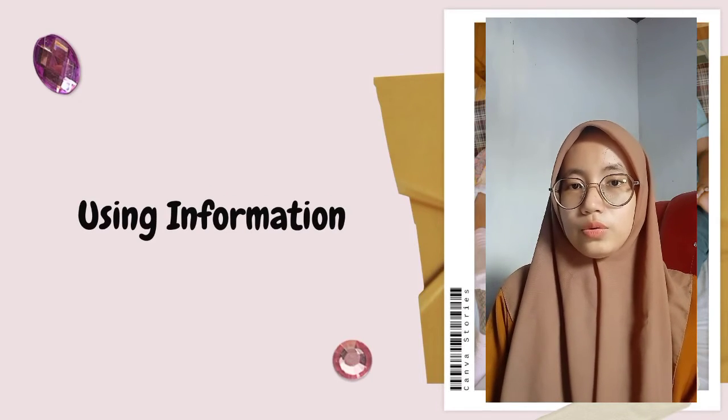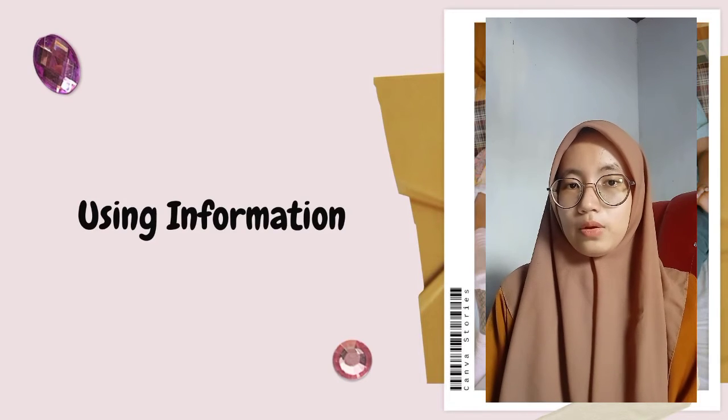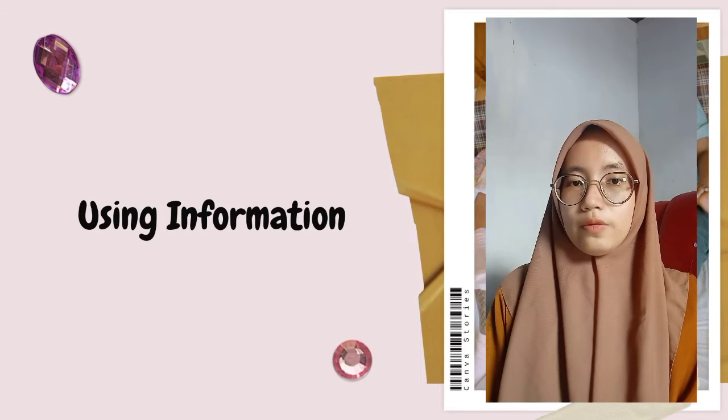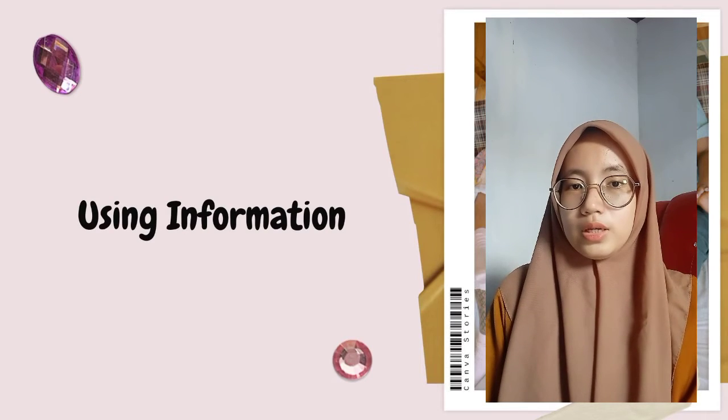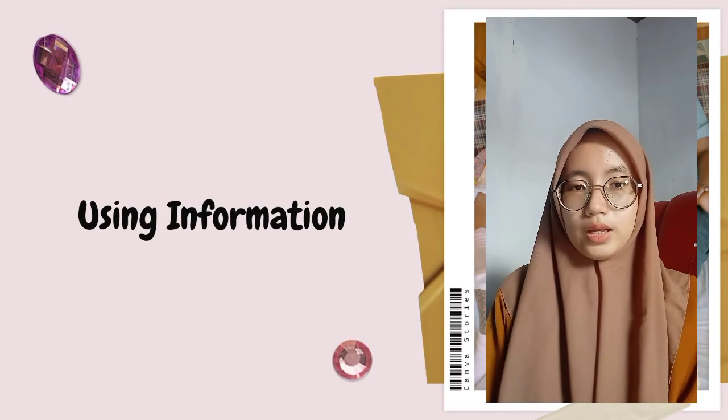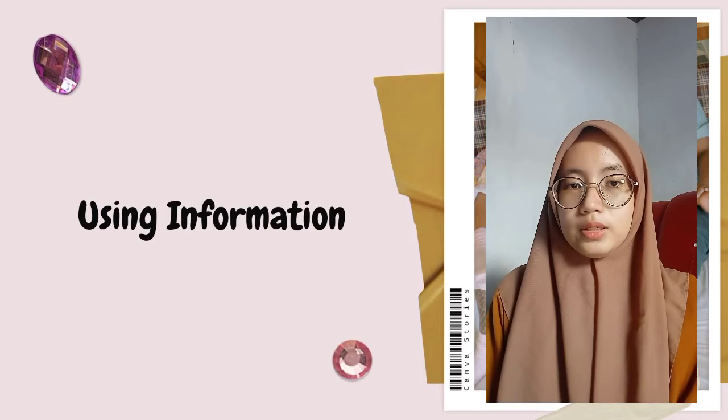After knowing how to choose the main topic, the next step is to determine the order of the topics. According to Richards, the order of content in a course can be determined based on the following criteria. 1. Simple to complex.